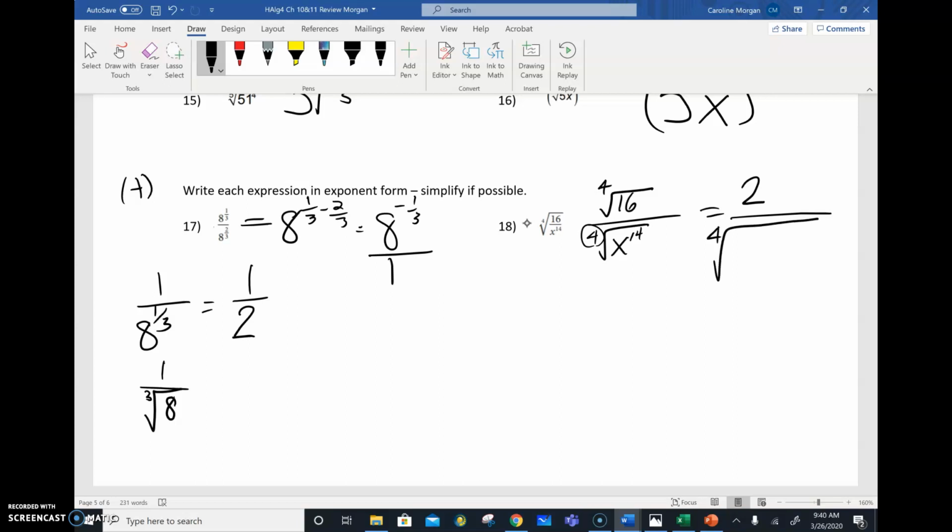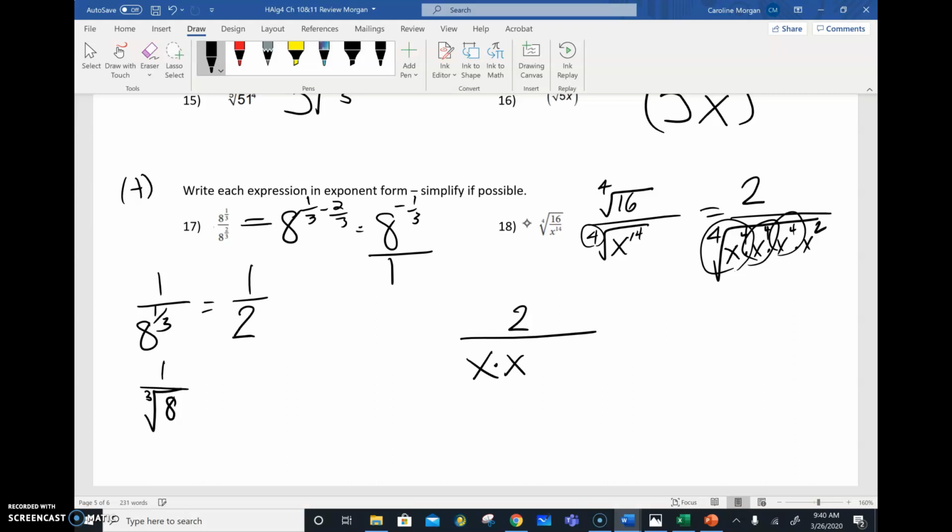So I have the 4th root of x to the 14th. So that's x to the 4th, times x to the 4th, times x to the 4th, times x squared, right? That's 12, that's x to the 14th. Okay, well, the 4th root of x to the 4th is x. The 4th root of x to the 4th is x.